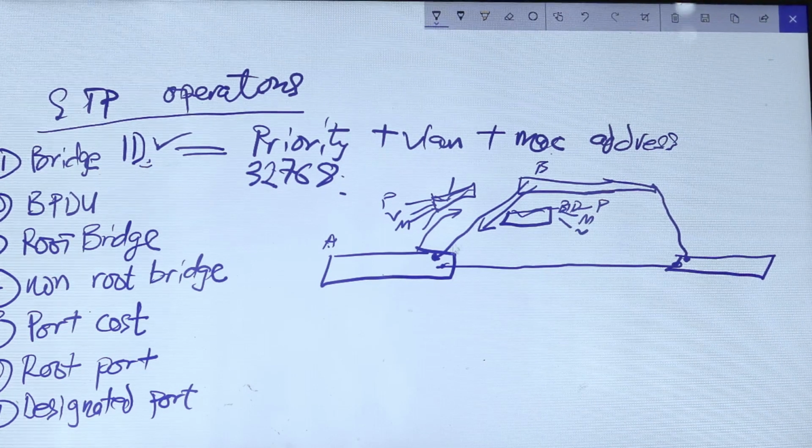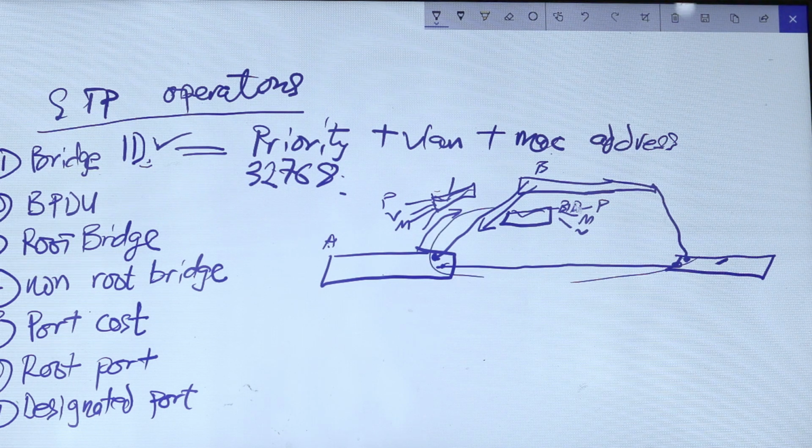Then switch B will also send it to switch A. So this BPDU, which gets to switch B, will come to switch C. It keeps on going around the network. The BPDU, which is generated from switch B, also goes around the network.